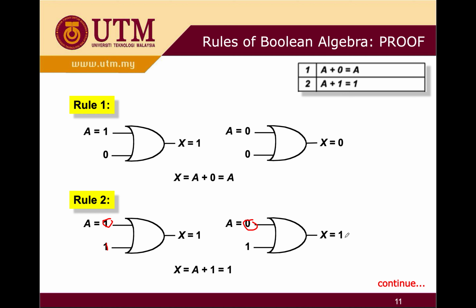So whatever input is given for the variable A, as long as you plus 1, you will have 1 over here, so you will get 1 for your output. That's why you get A plus 1 equal to 1, because whatever input, whether it is 0 or 1, you will get 1 also. Is it clear? So we move to another example.